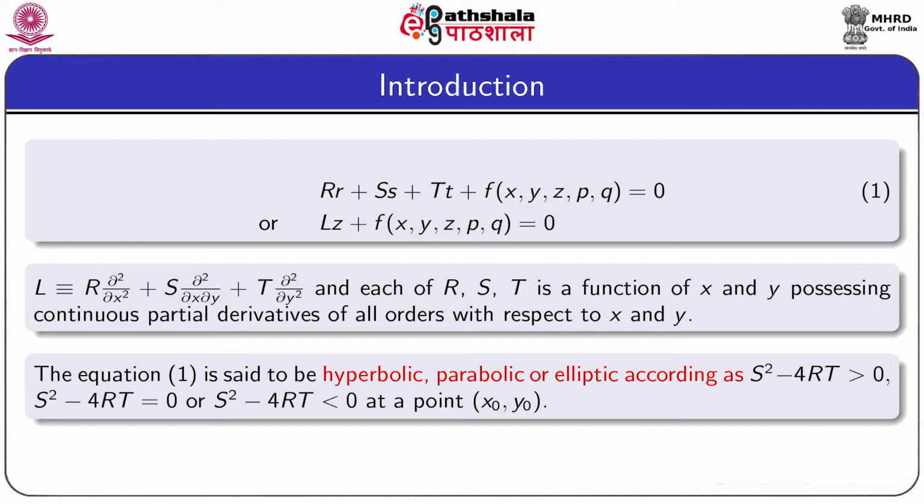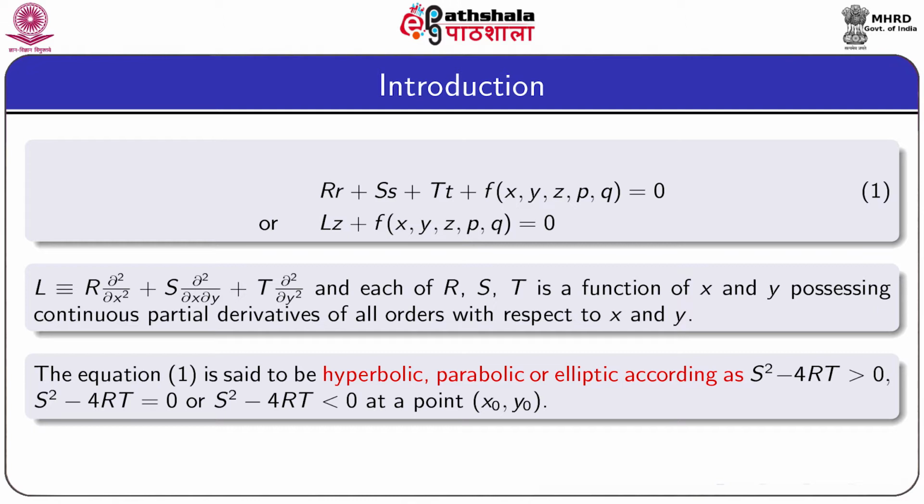Each of R, S, T is a function of x and y, and we also assume that these functions possess continuous partial derivatives of all orders with respect to x and y. Now we can categorize equation 1 into 3 categories.